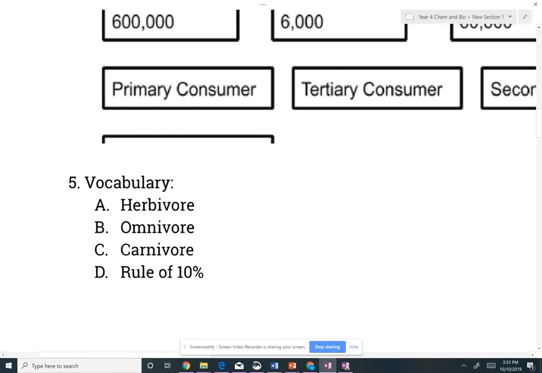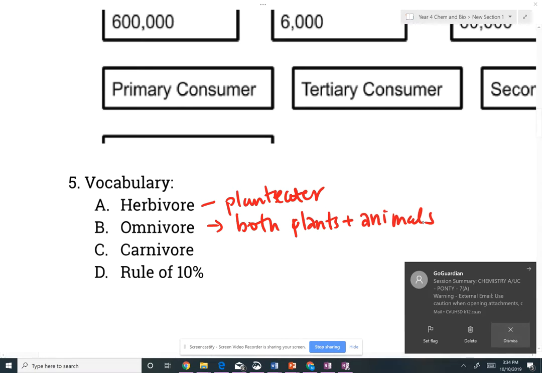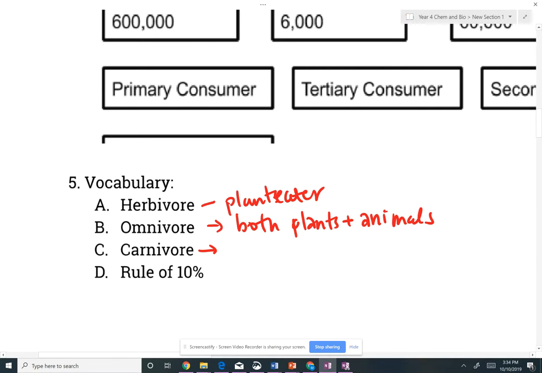I already went over these things. So herbivore, again, eats plants, like plant eater. Omnivore is both plants and animals. Plants plus animals. And then we have carnivores, which is meat.